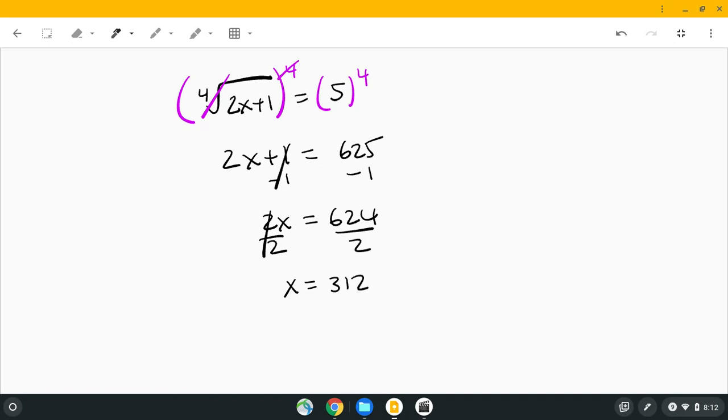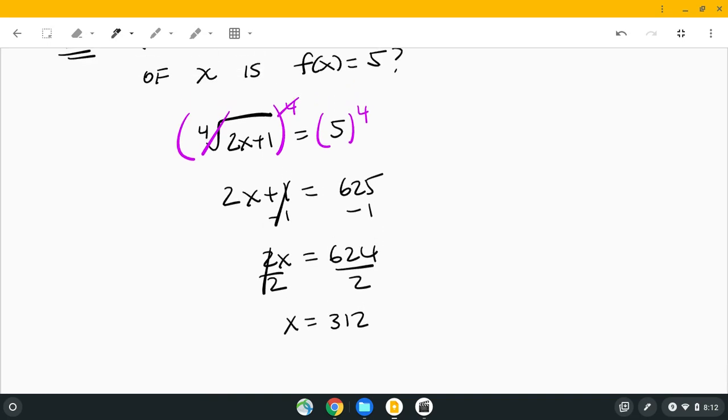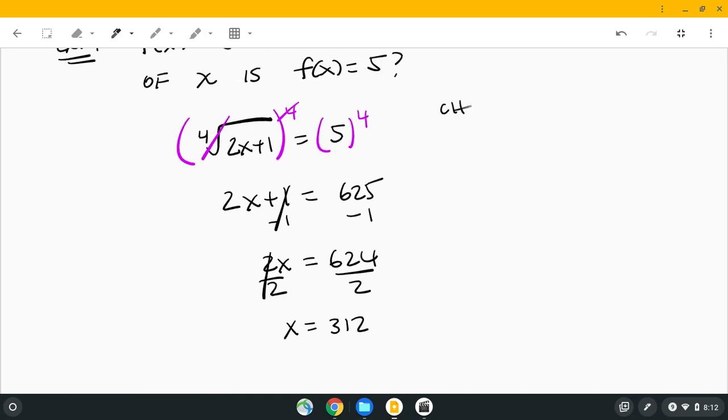Okay, so let's go ahead and check this. I'll check over here on the side. All right, so 312. So fourth root, 2 times 312 plus 1. Does that equal 5?